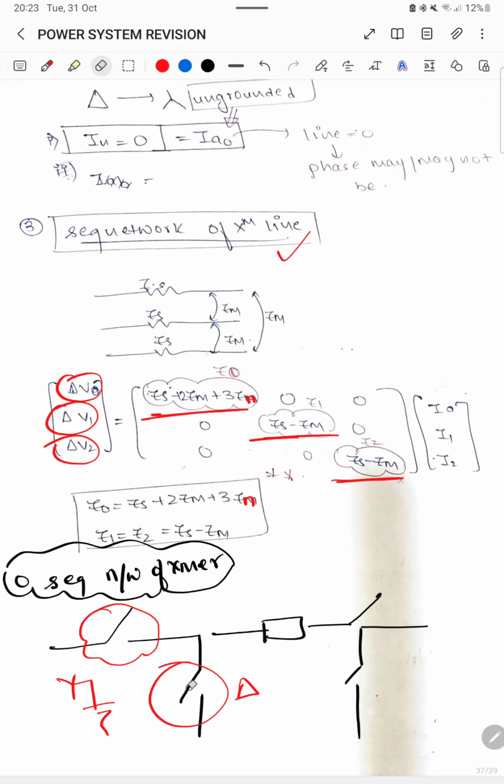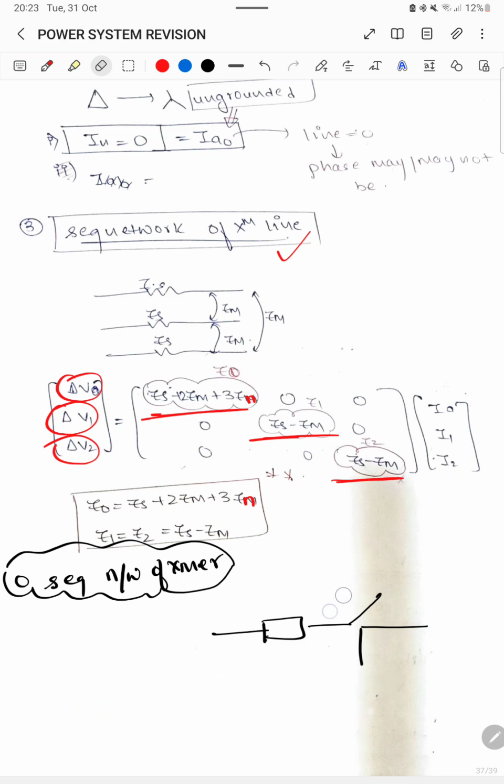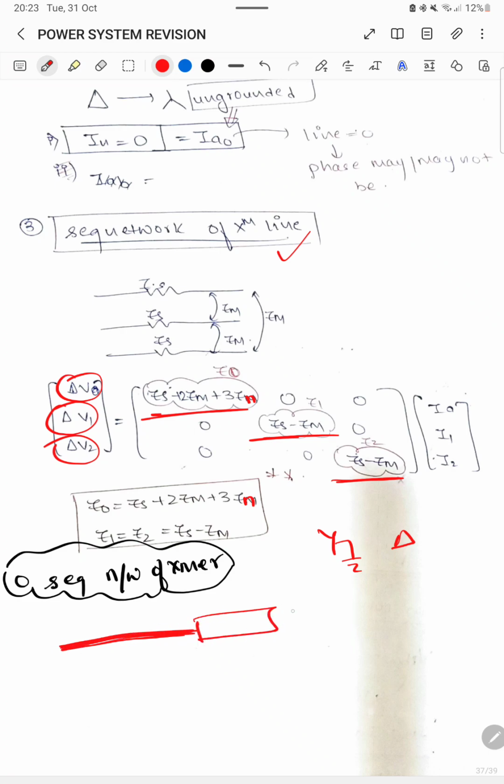Okay, so now let's assume that the primary is star grounded and the secondary is delta. In that case, what will happen? The series switch will become short, then the impedance would come, and on the secondary side the parallel switch would trip.